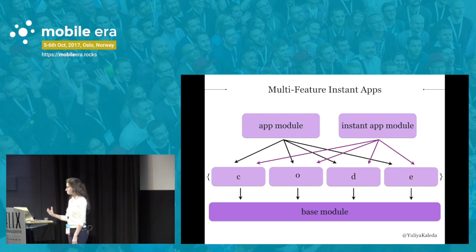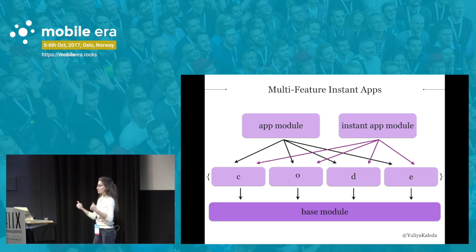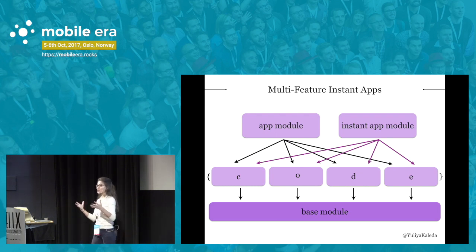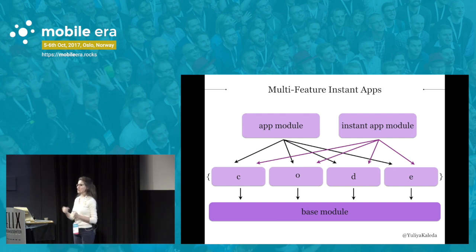They live independently, and this is where most of your business logic would live. And then the third layer of the modules are just regular empty modules. The app module and Instant App module won't have any source files or resources. The app module would be responsible for building a regular installable APK, and the Instant App module would be responsible for building Instant App APKs.